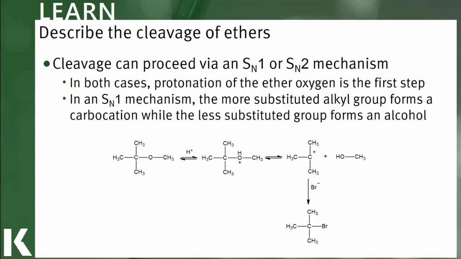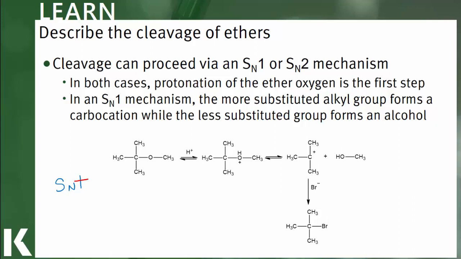Straight chain or acyclic ether cleavage proceeds by two mechanisms, SN1 or SN2. For SN1, I remember the important difference by crossing out the 1 in SN1, and that reminds me that the mechanism proceeds via a carbocation. That means there must be a leaving group that leaves to result in a positive charge on my molecule.